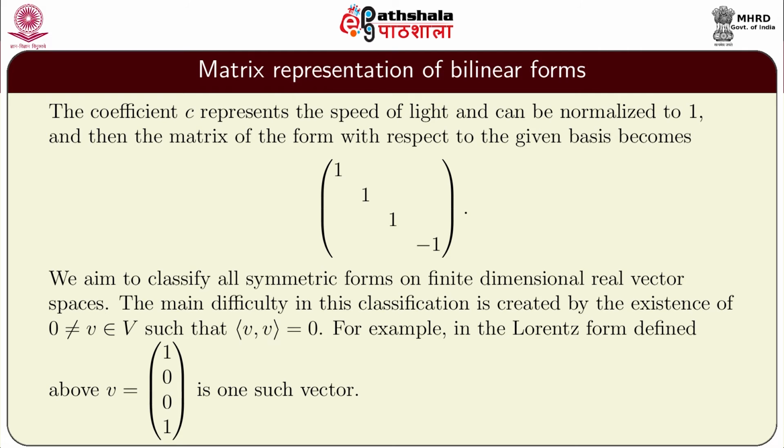But the main difficulty in this classification is created by the existence of non-zero vectors v such that this inner product <v,v> is equal to 0. For example, in the Lorentz form defined above, this vector v given by (1, 0, 0, 1) is one such.